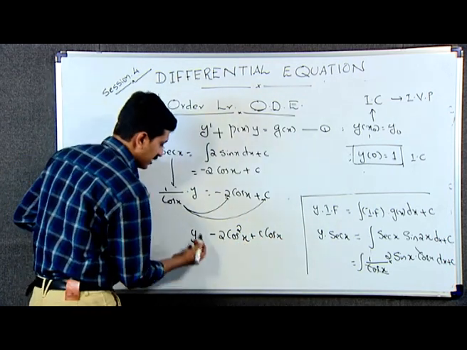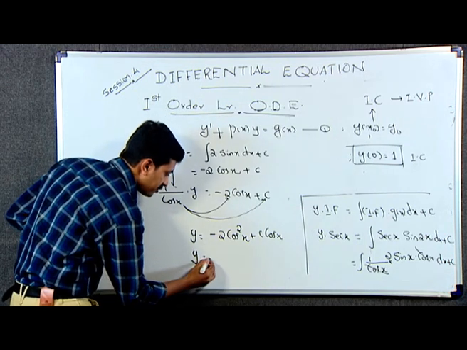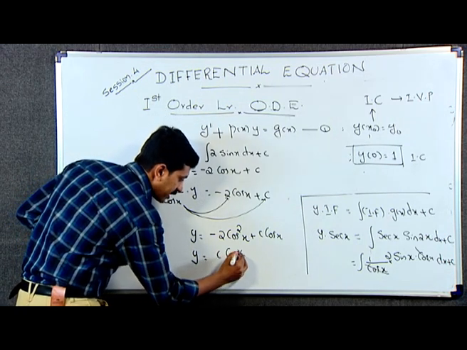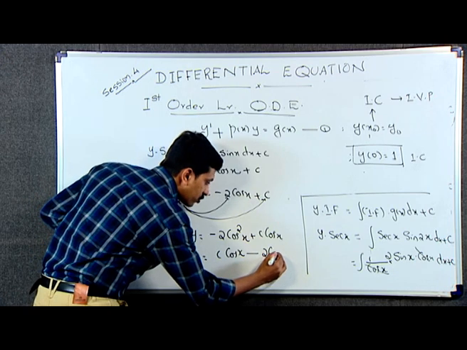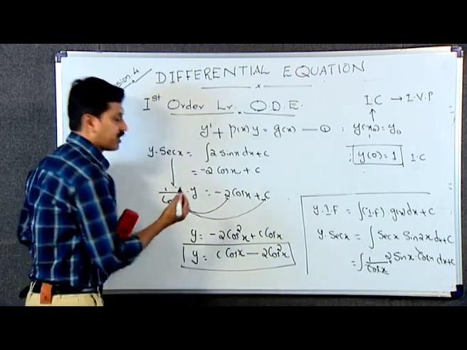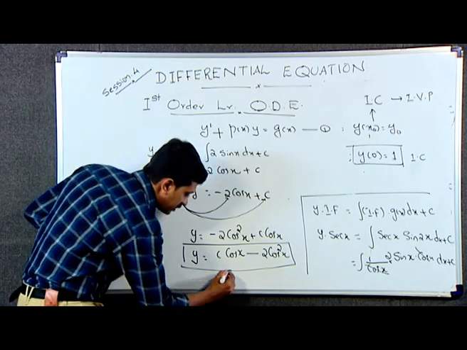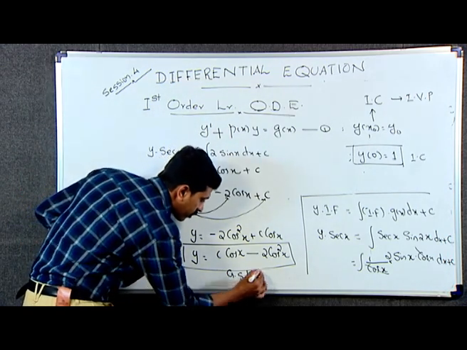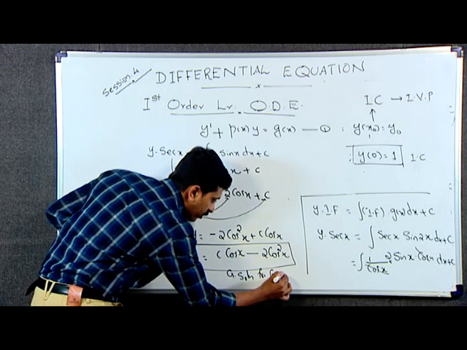This is the general solution, that is y = c cos x - 2 cos squared x. This is the general solution for the given ODE.